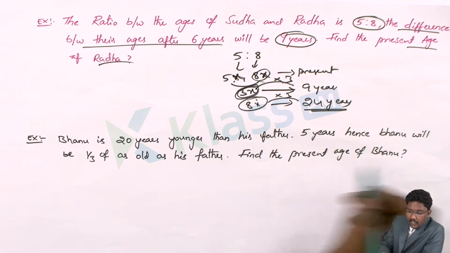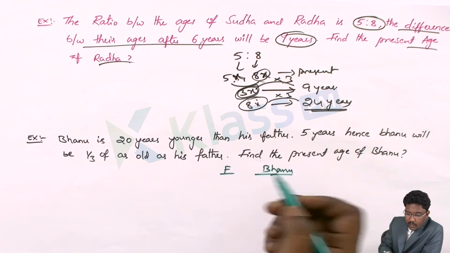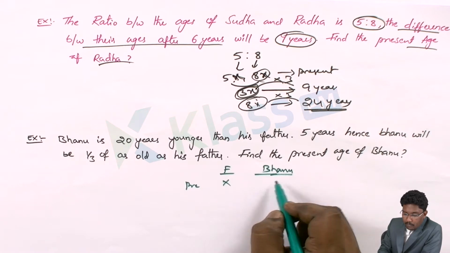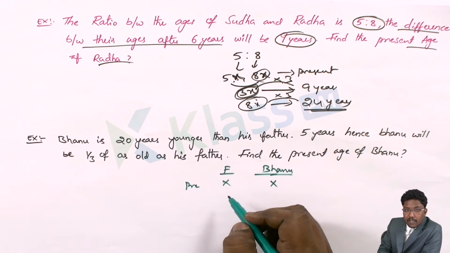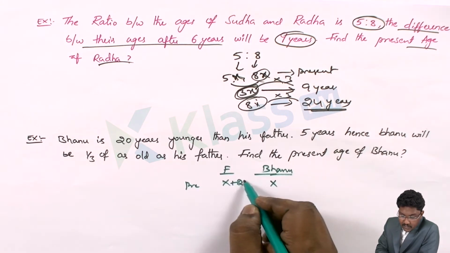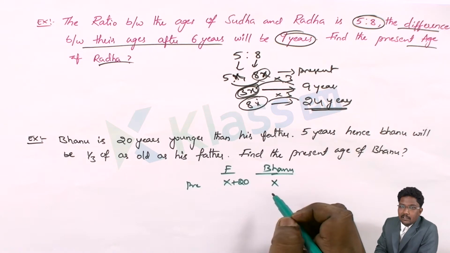Let us consider father and Banu. Take Banu's present age as x. Then the difference between father and Banu is 20 years, so the father is 20 years elder than Banu, or Banu is 20 years younger than his father.